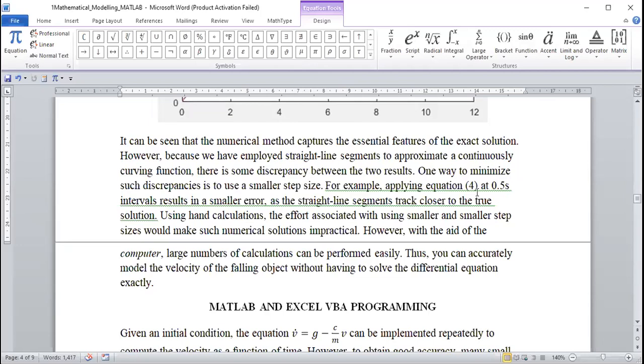But in this course, we don't want to do the calculation by hand. We want to make use of a computer to help us solve the model numerically, because when we use the computer, we can take the time step to be much smaller.